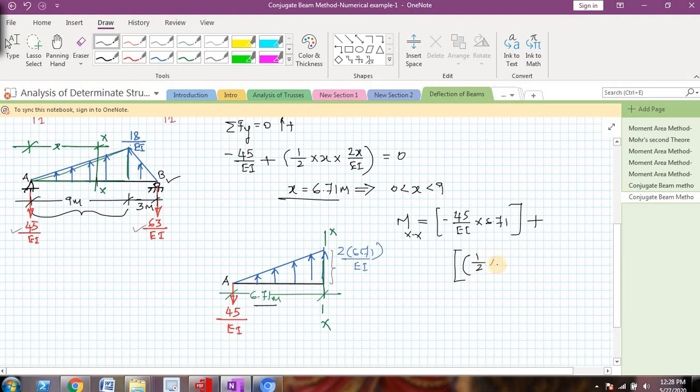The load is half of base 6.71 and height 2 into 6.71 divided by EI.